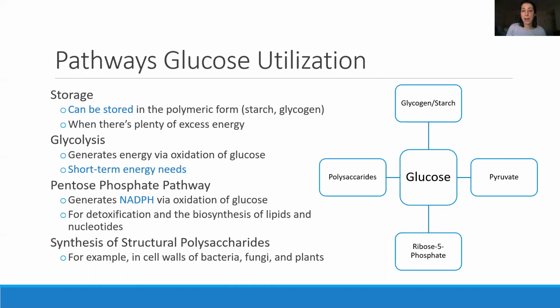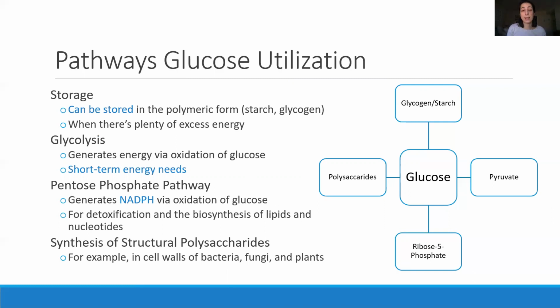So, what are some pathways where glucose is utilized? Again, as mentioned, glucose can be stored. There are storage pathways. It can be stored in the polymeric forms of starch and glycogen. And this is going to happen when we have plenty of excess energy, right? You don't need to be breaking down glucose for fuel.